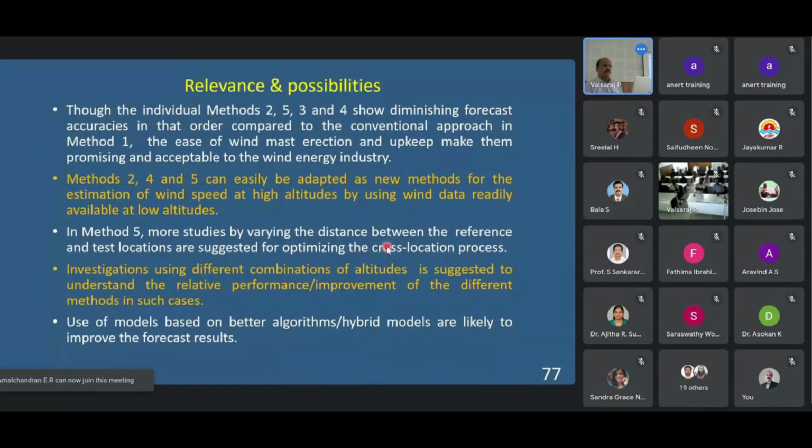Method 5 is the cross location facility incorporated. That is more interesting to the industry, so more studies are required there. Of course, more optimization for that cross location approach. Different combinations of altitudes we can study. Better performing algorithm-based models and hybrid models might give better results.